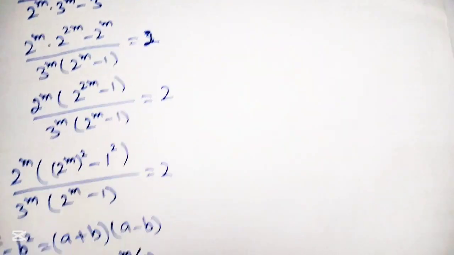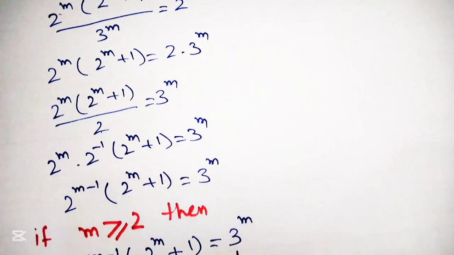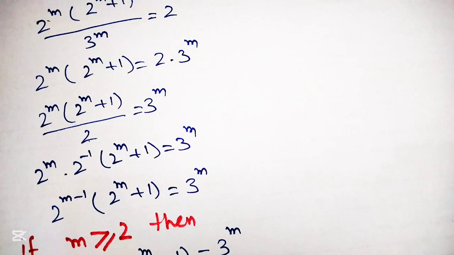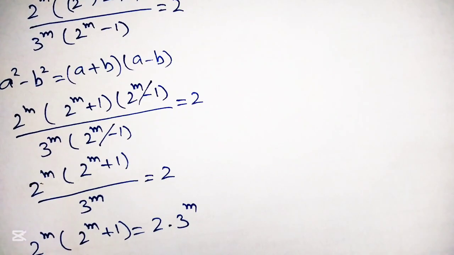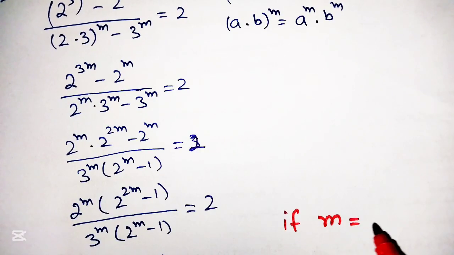As in the start we are given the condition that m belongs to the positive integers, we get only one integer according to our given condition, which is m equal to 1. Now we will check the result for m equal to 1.